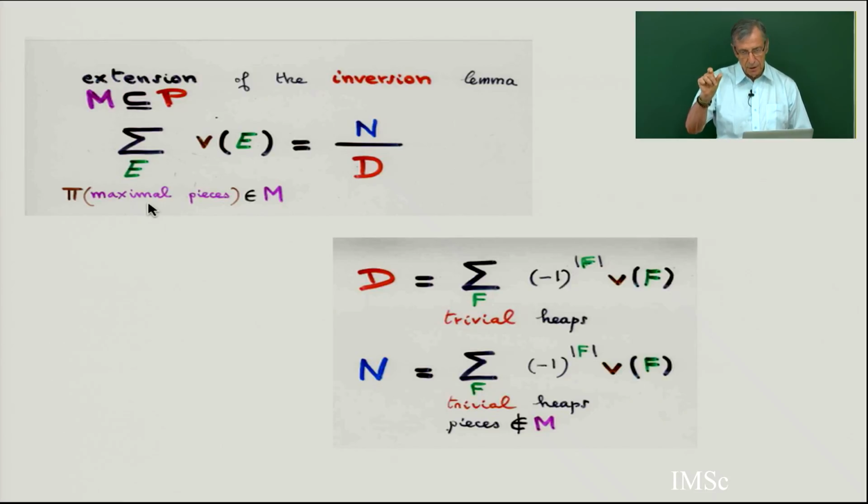If you fix the projection of this maximal piece to be somewhere on the floor, somewhere on the basic pieces, then you get a special case of this general inversion lemma.